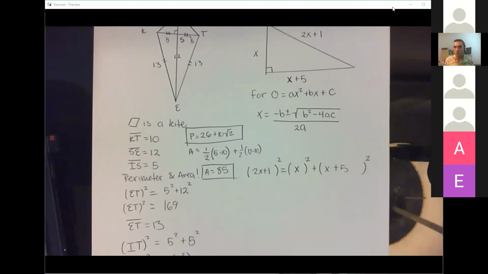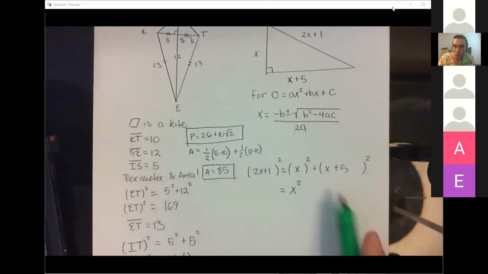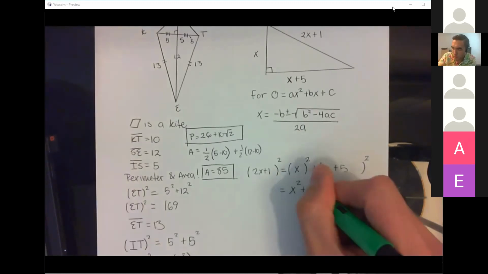Okay. This is the part where things get rough. x squared, that's easy. That's just x squared. What's this squared? You have to FOIL. x squared plus 10x plus 25.